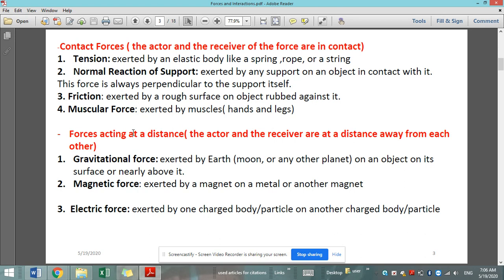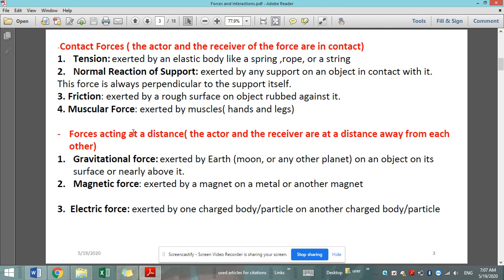So when we talk about a gravitational force, it could be the one exerted by the Earth, by the Moon, even by any other planet on an object on its surface, or nearly above it, or at a certain distance away from it, but such that the gravity of this planet still affects that body. And the distance must not be that great; it must be to a certain limit, a relatively short one.